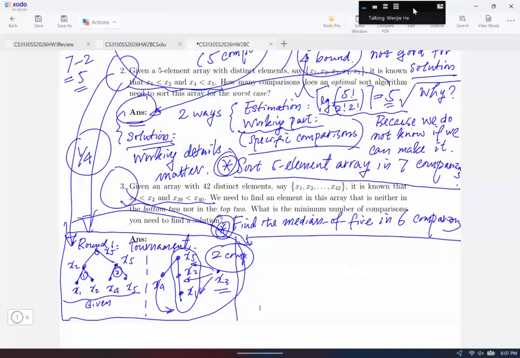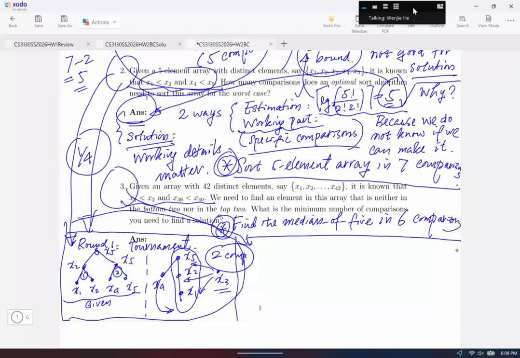Not this estimate way. With the estimate way, although you get 5, there is still some uncertainty, right? You don't know if the given condition can help you make it happen or not. It's unknown, because sometimes the given condition could be some garbage condition that you cannot use to do anything useful.